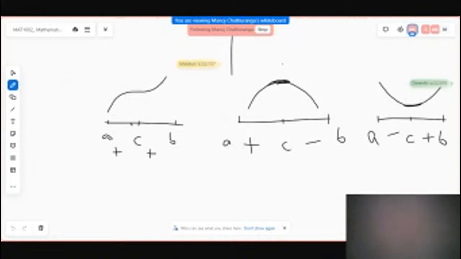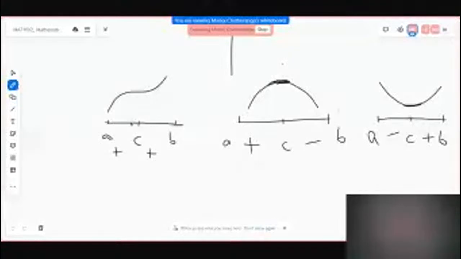Next, so we have plus plus, plus minus, minus plus. The other remaining case is minus minus. The derivative is 0 at C, and for the other two regions, the derivative is negative.